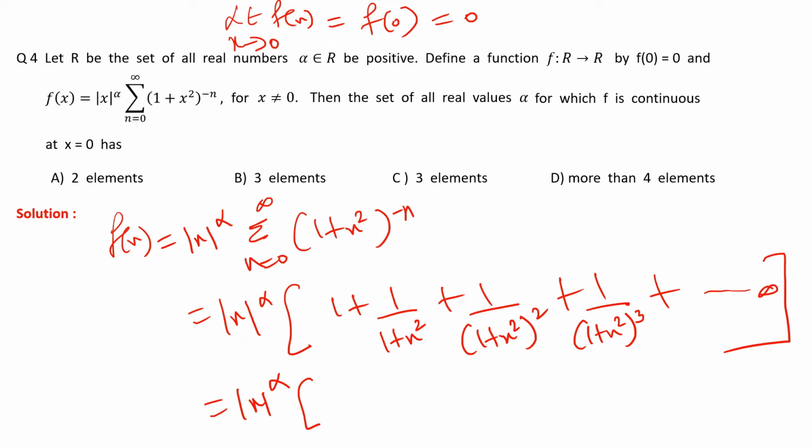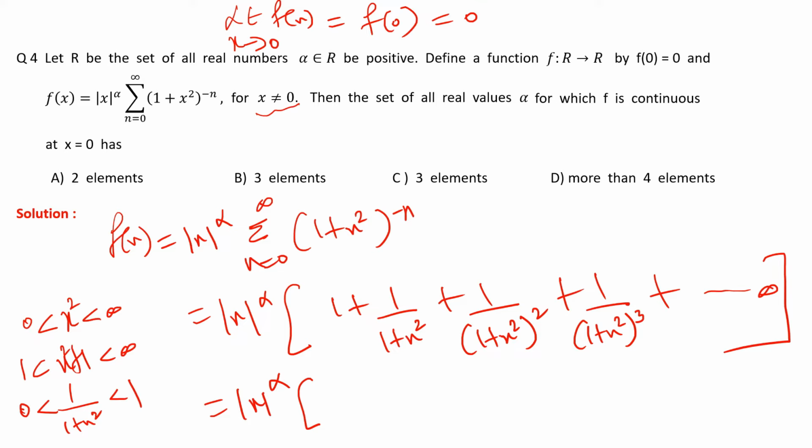Now students, it is mentioned that x is not equal to 0. So that means x square is going to be greater than 0 and less than infinity. Fine. So I can say that x square plus 1 is greater than 1 and less than infinity. So I can also say that 1 upon 1 plus x square is greater than 0 and less than 1.